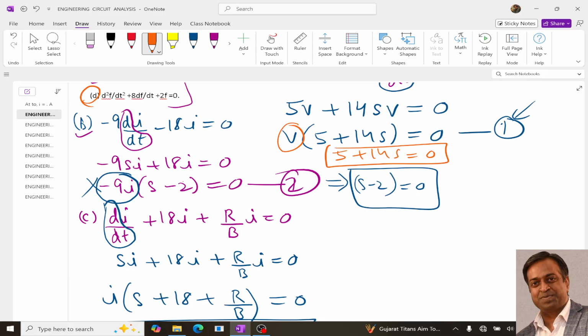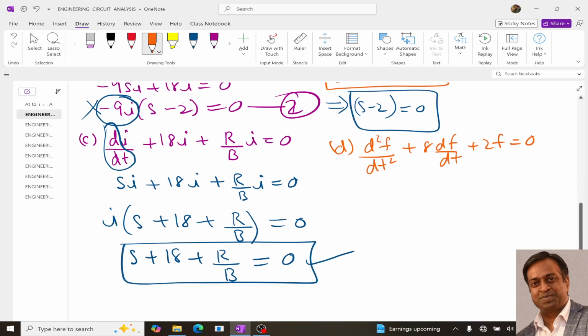And now for part D, it is d2f by dt square plus 8 df by dt plus 2f equal to 0.